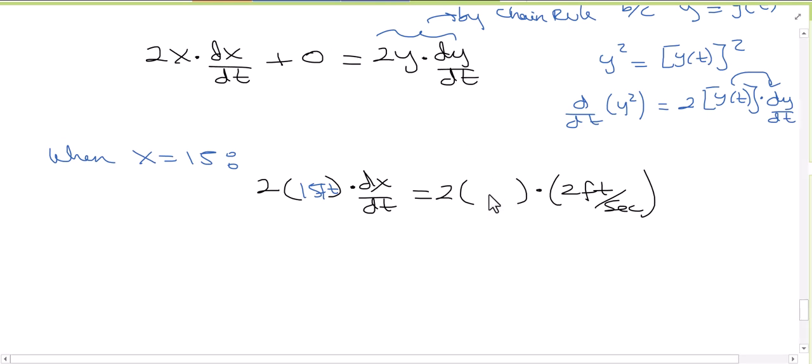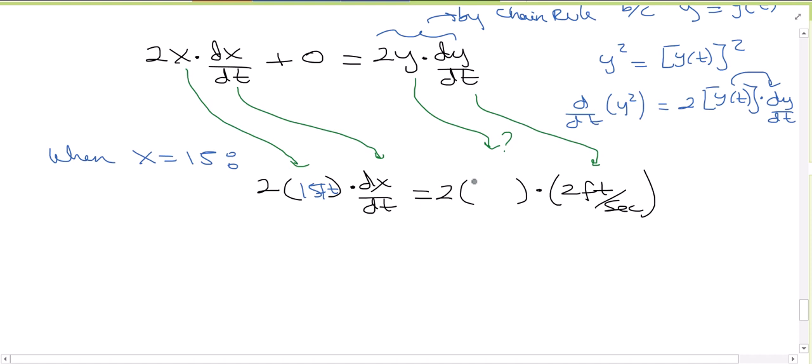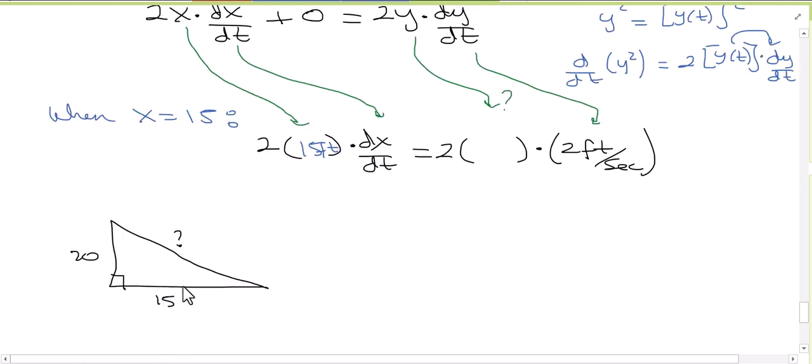So we need to figure out what y is when x is 15. So I'm just going to draw arrows to what we did here. Let's go back to our triangle, and we knew that that was 20. Now I'm going to put 15 here, and I need to figure out what y is.